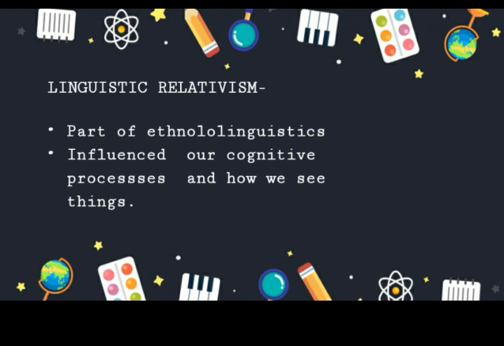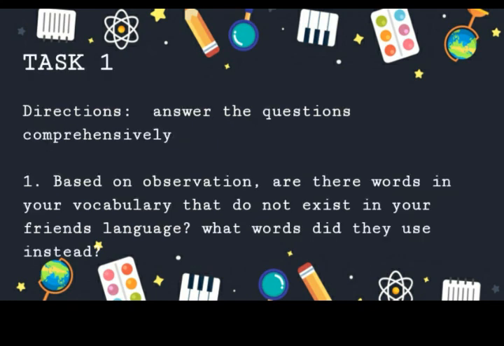This is the end of my report, and before we proceed to lesson 2, answer this activity. Directions: answer the questions comprehensively. Number 1. Based on observation, are there words in your vocabulary that do not exist in your friend's language?